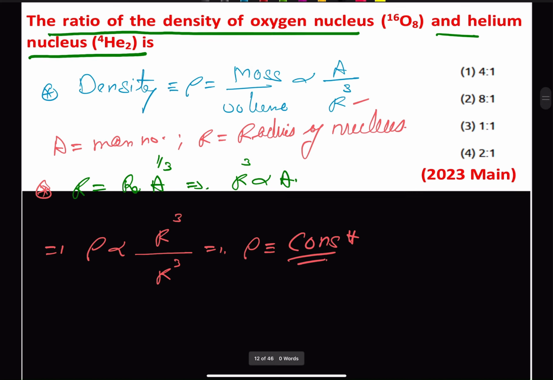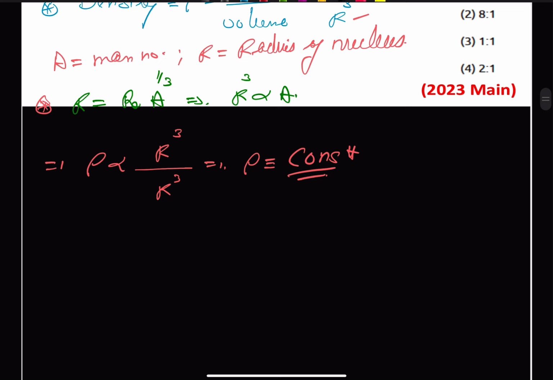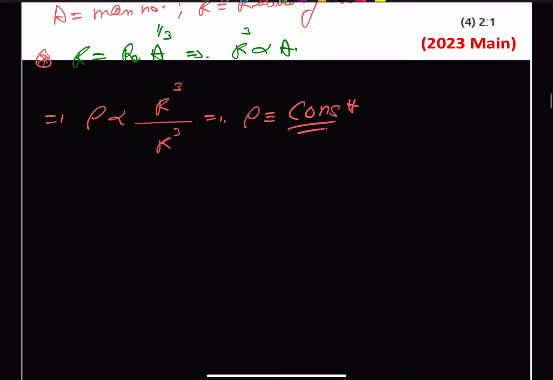Or in simpler terms, I can also write this as rho is proportional to A upon A. So this will also give me that it is constant. So basically it means it is independent of R as well as A.